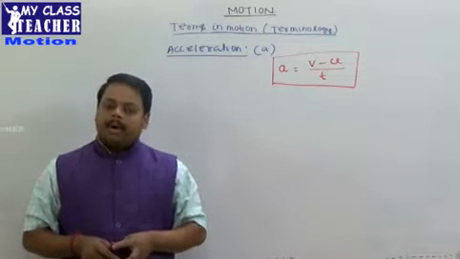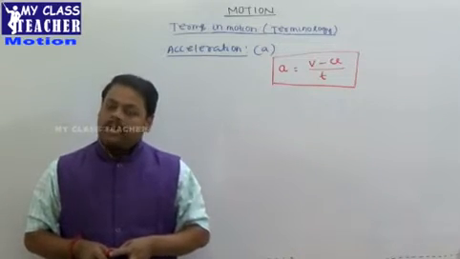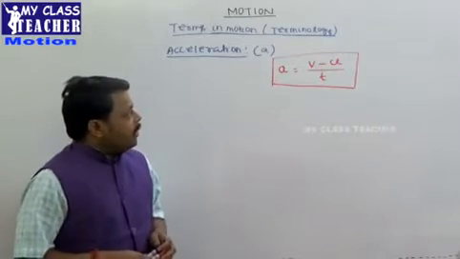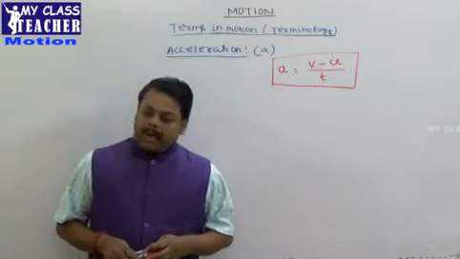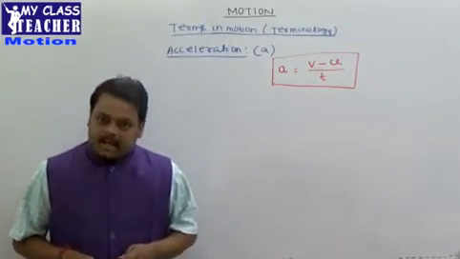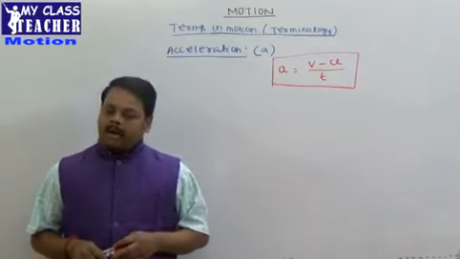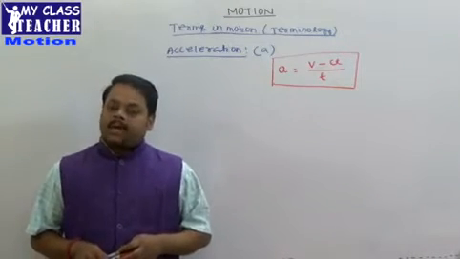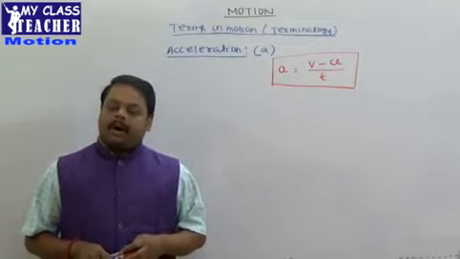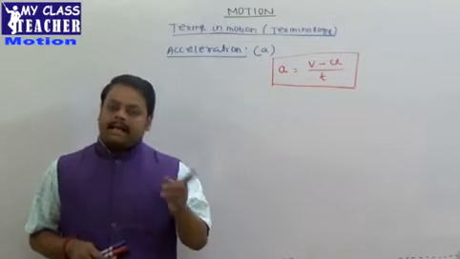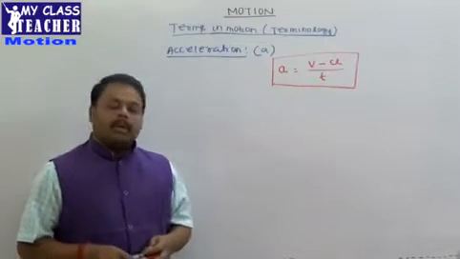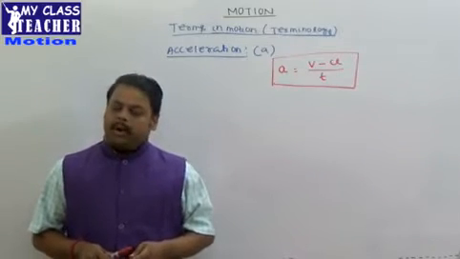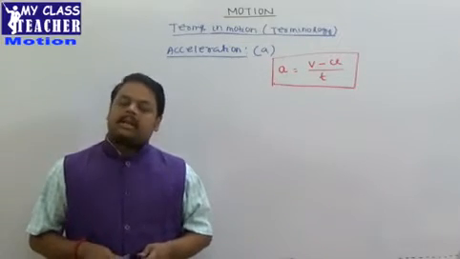But if velocity of an object is decreasing with time, acceleration of an object will be negative, and it is said that the body is under retarded or a decelerated motion.